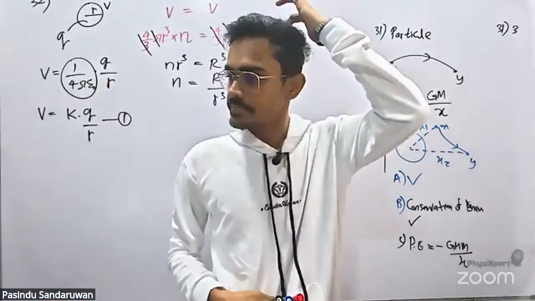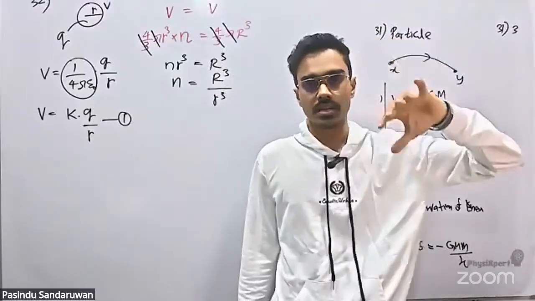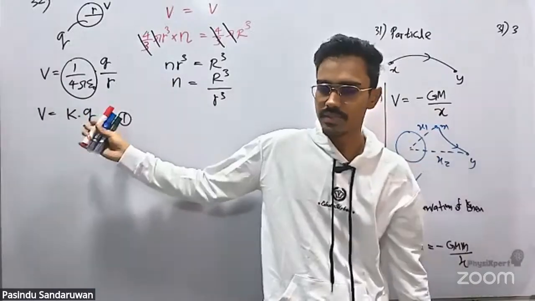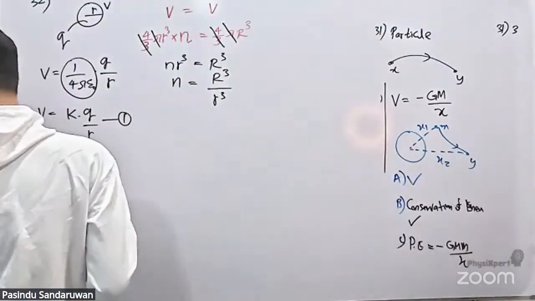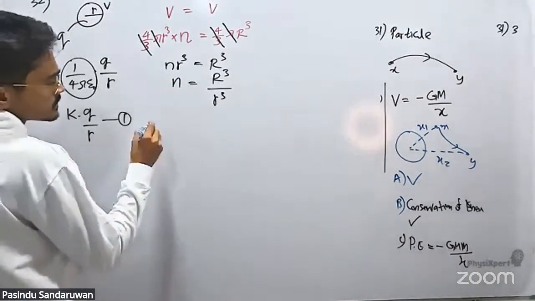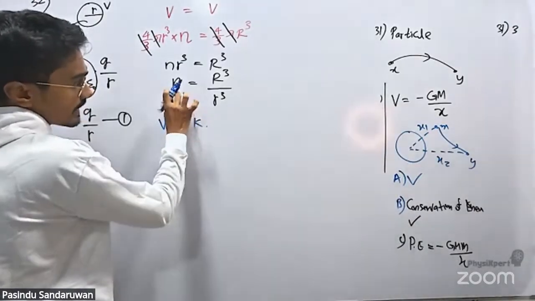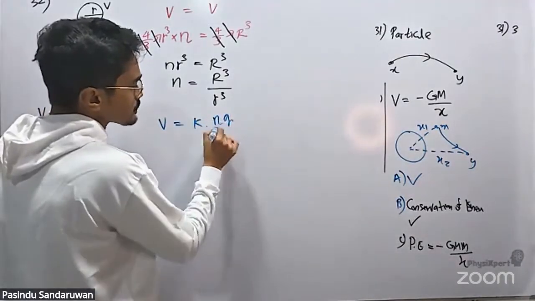The question is the potential of the sphere after filled with water. Again we have only this equation to write the potential. Then V dash equals K times nQ over capital R, where n small droplets are there.